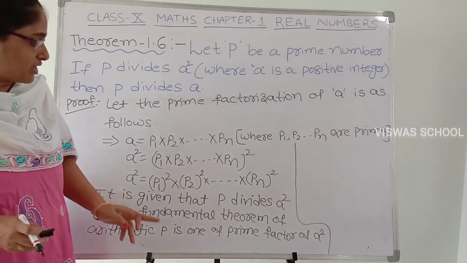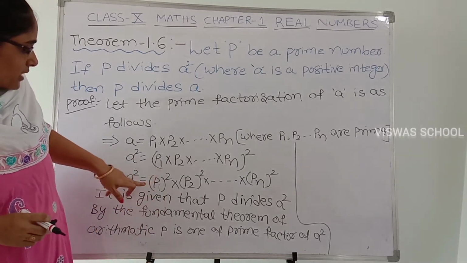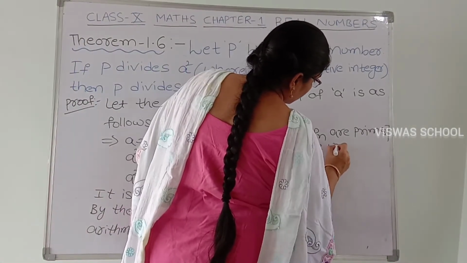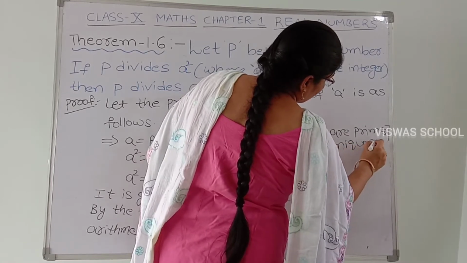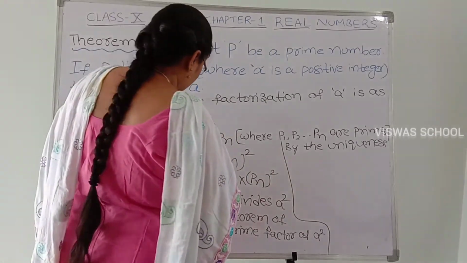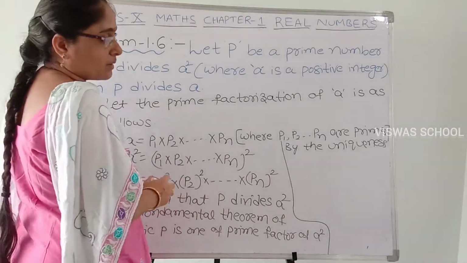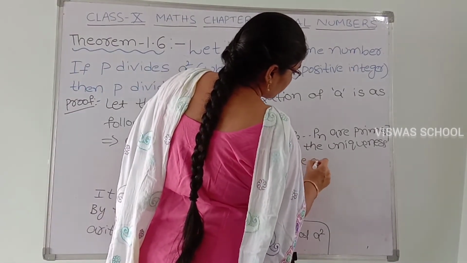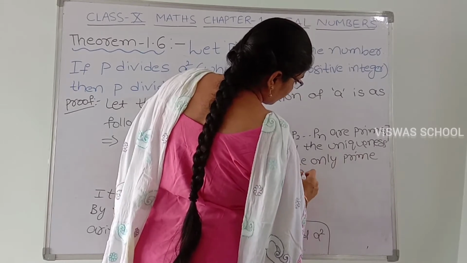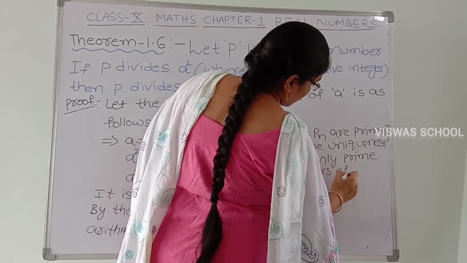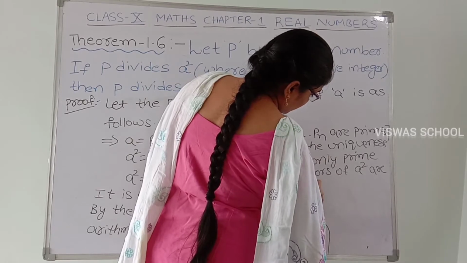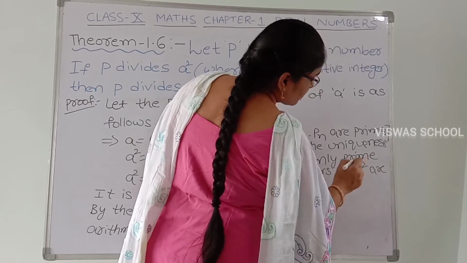By the uniqueness of the fundamental theorem of arithmetic, the only prime factors of A square are P1, P2, so on Pn.